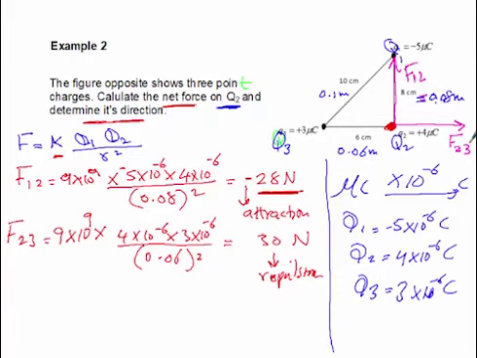Going back to the vectors, if we have two vectors in the same direction, we have to add them and the net force will be in the same direction. If we have two forces in opposite directions, as we had in the example before, we have to subtract them, and the net force will be in the direction of the greatest.